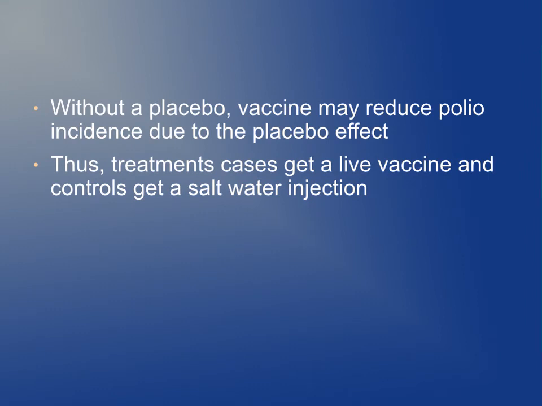So if we don't include a placebo in this vaccine trial, then it's possible that we'd see a lower rate of polio in the treatment group just due to the placebo effect, so we need to give a placebo to the control group. So the kids in the treatment group get a live vaccine, the kids in the control group get a placebo as the optimal study design.